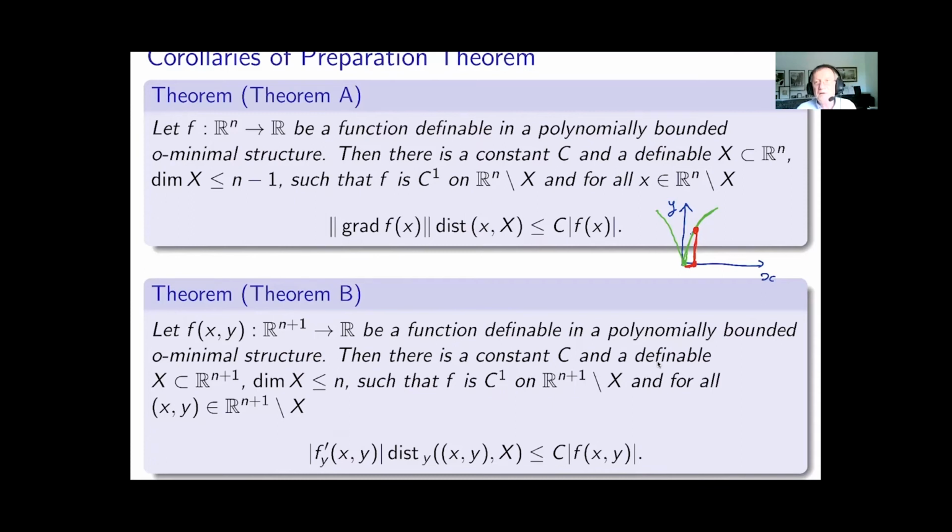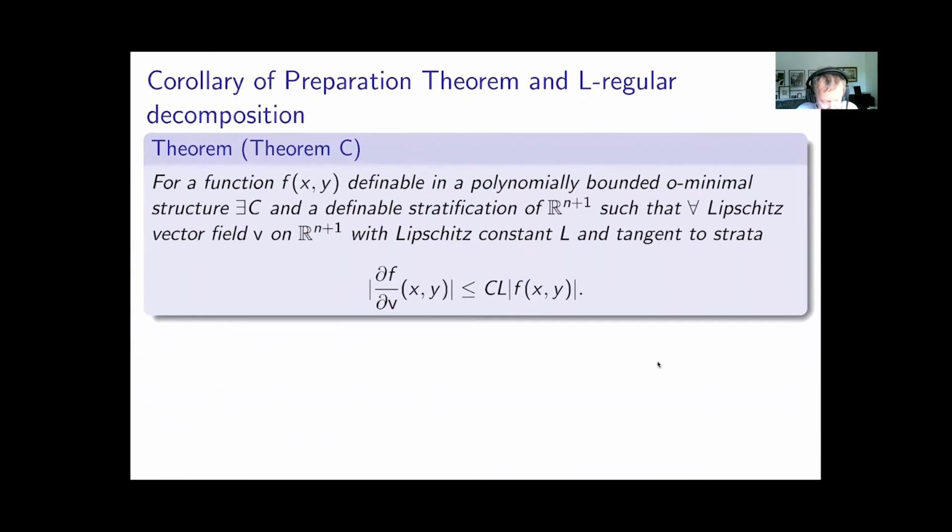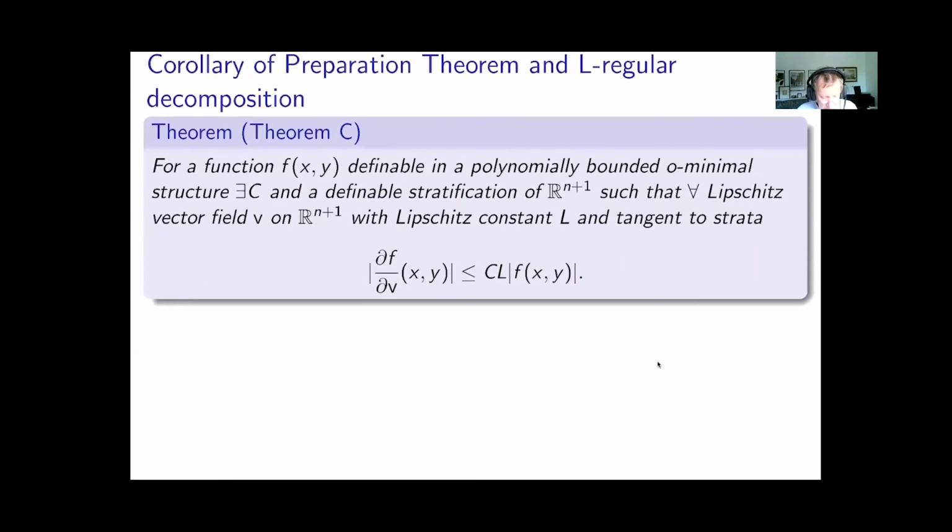Okay, so far so good. Now I'm coming to the main ingredient for the proof of the existence of Lipschitz stratification. It's a kind of generalization of theorem A. So what really happens here?